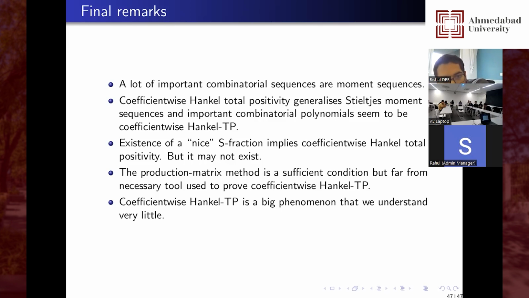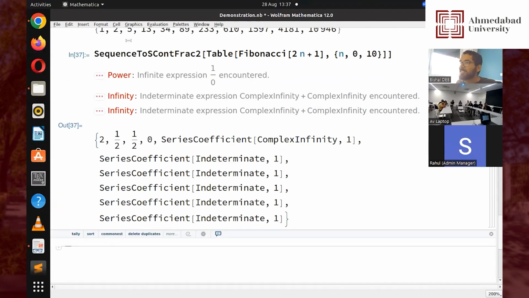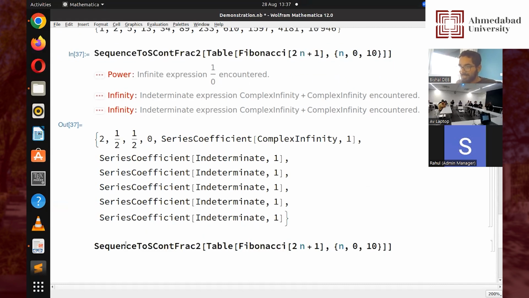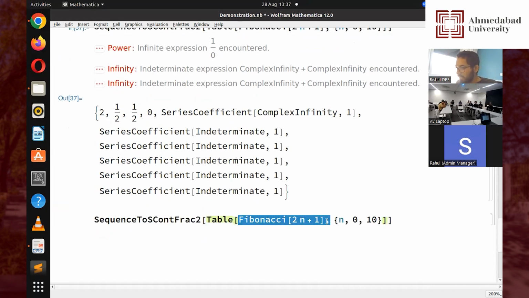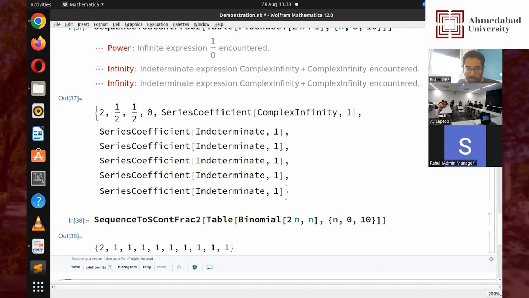One other question was, if I look at the polynomials corresponding to, let's say, the binomial coefficients, then do we have coefficient-wise Hankel positivity? Yes. So let me show you. Let me take the central binomial coefficients. I mean, there are many conjectures, and some of them can be extremely difficult. Some of them are open. If you take the central binomial coefficients, you see there's a 2 and then it's all 1s.